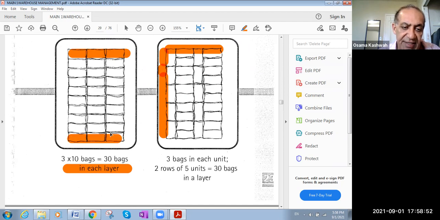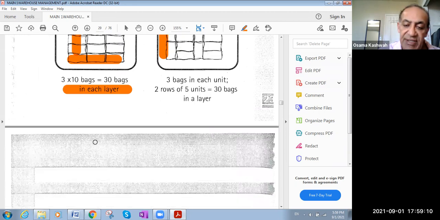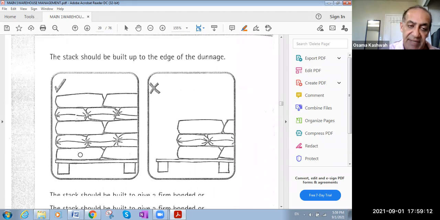Those are 10 layers. So 3 by 10 will give me 30 for each layer. If you put about 10 layers above each other, 30 by 10 will give me a stack of 300.